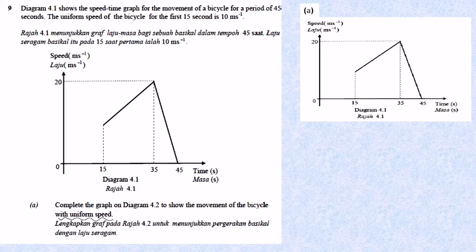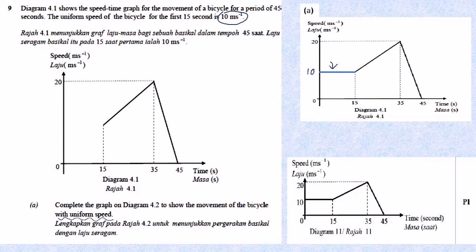You know, uniform speed is the same speed, which is 10 meters per second. So how do you draw the line? You draw a horizontal line like this, and the speed is 10 meters per second. So you obtain 1 mark here.